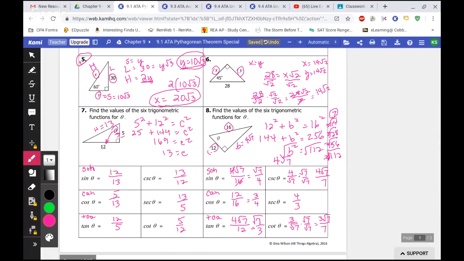But I figured the back angle out, so I have all 3 angles. Well, are you supposed to find the angles or just the trig functions? Find the values of the 6 trig functions for angle theta, so you only need sides. I have all sides. Oh, okay, my bad.